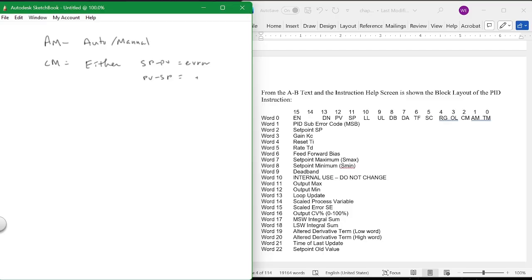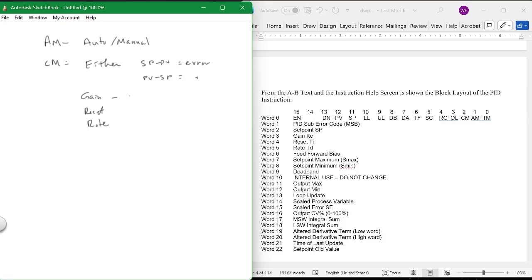All right? What about these words down here? What's SP, set point? What's about the K, the TI and the TD? Those are your three parameters that are what you would call your tuning parameters. So you have the KC, you have the gain, you have the reset, and you have the rate.